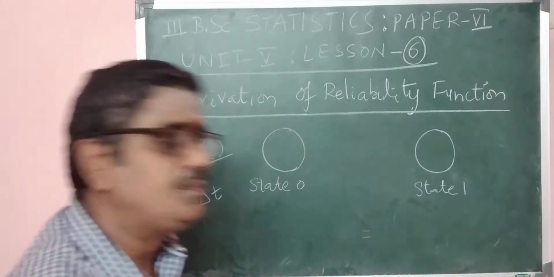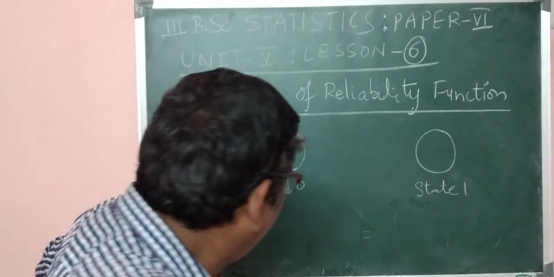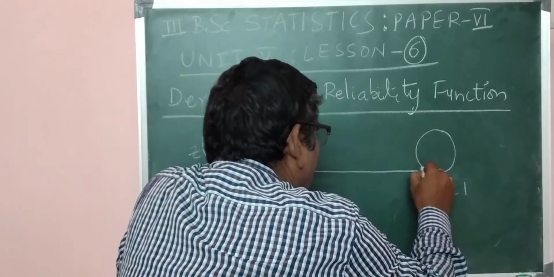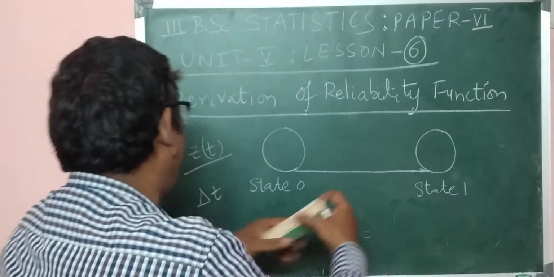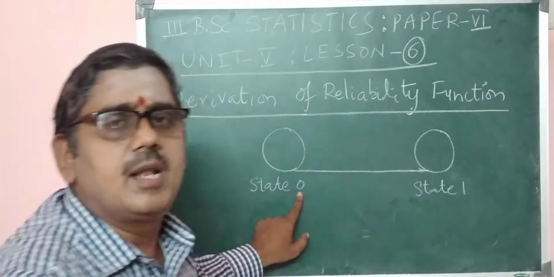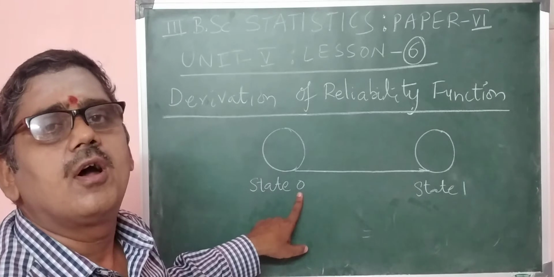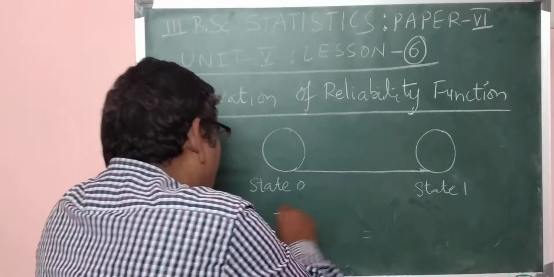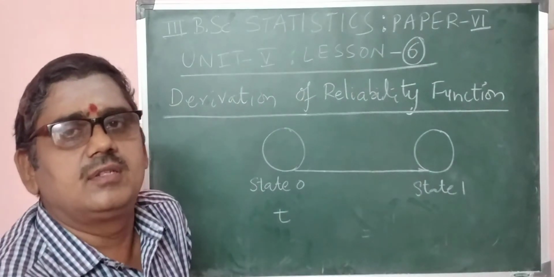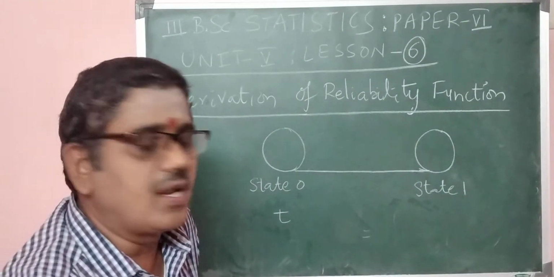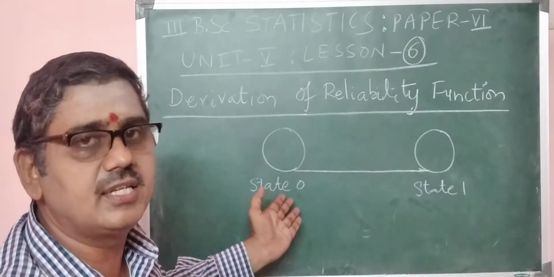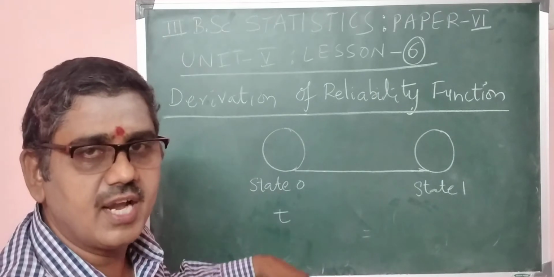Now I am clearly specifying here. Say a component survived in a particular state, state 0, at the time period t. For example, I consider a component is survived, that is will not fail in the time period t in the state 0. Survived means it is at state 0.